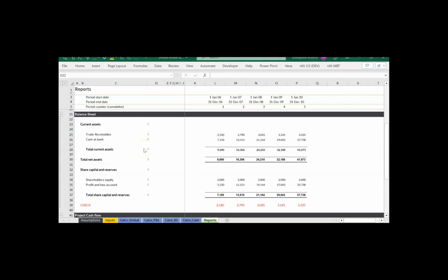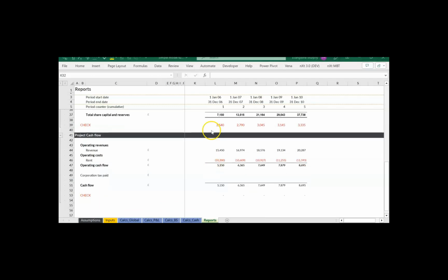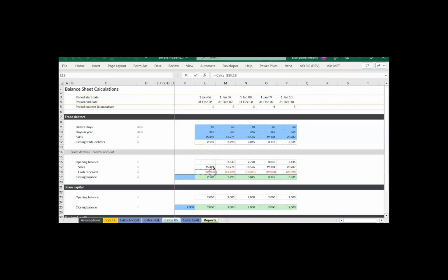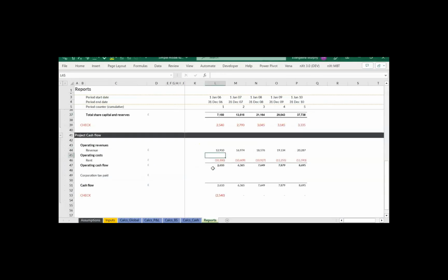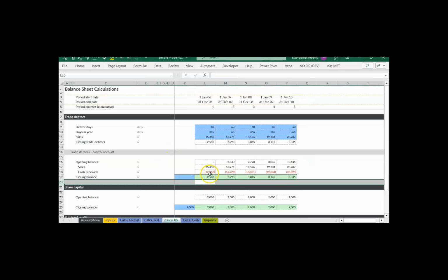Notice that our balance sheet no longer balances. This is because our revenue is still being included in the cash calculation from before. Instead, we need to update this with our cash received figure. As we are receiving this cash, this value is positive, even though the value is negative in our control account.